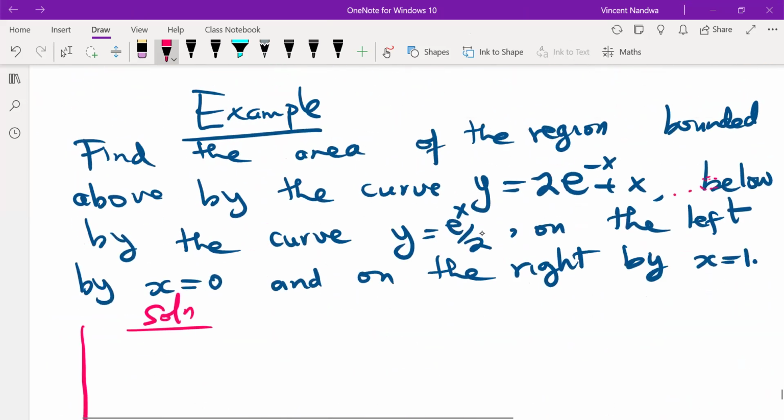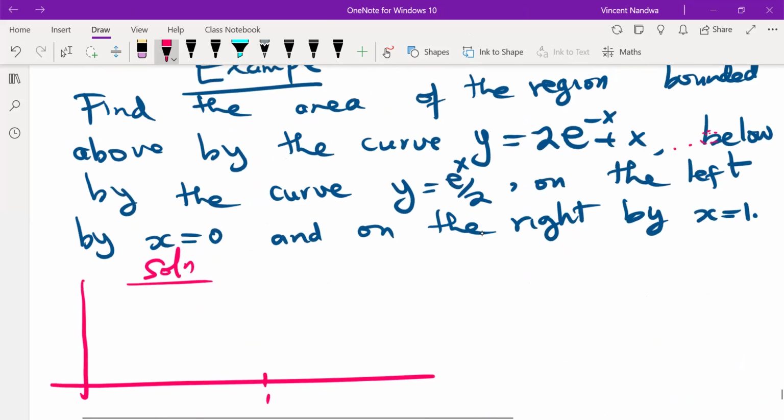So we have this x-axis, and the maximum value of the first curve is 2.